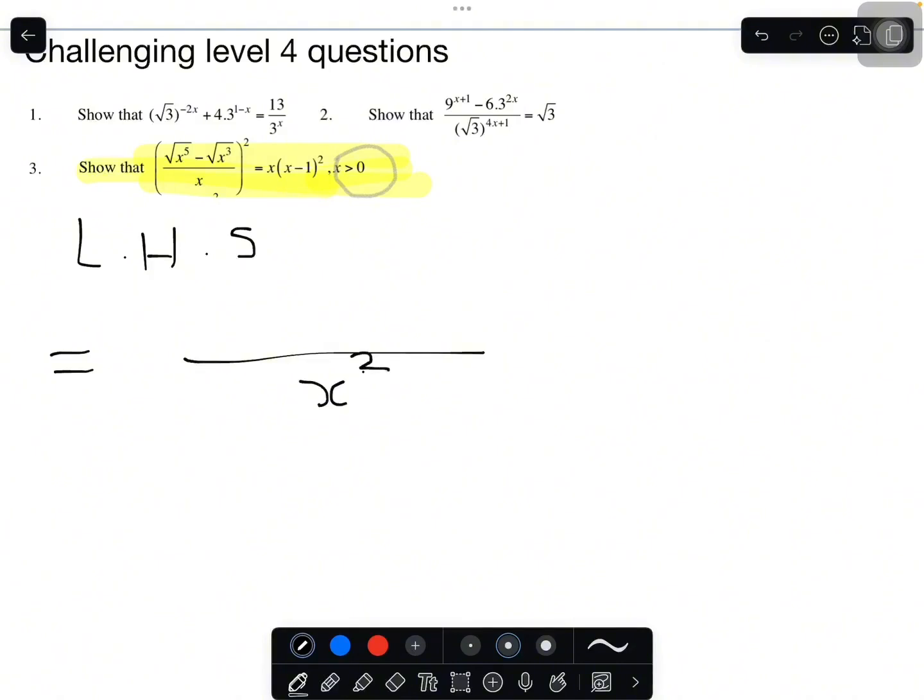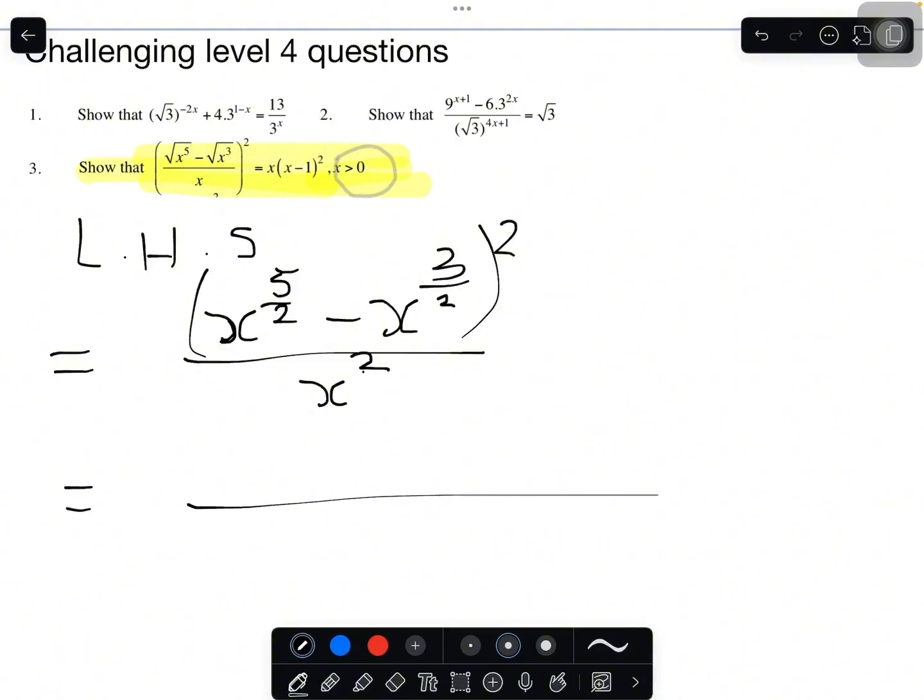Okay, now I'm going to square this, which means first, before I do that, I'd like to convert this into x to the 5 over 2 minus x to the 3 over 2, and this is all squared.